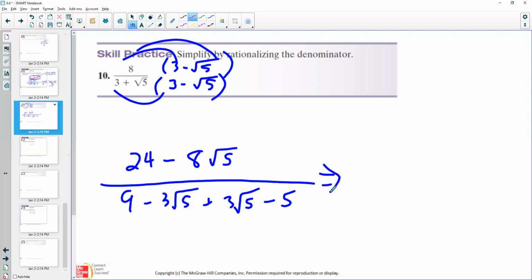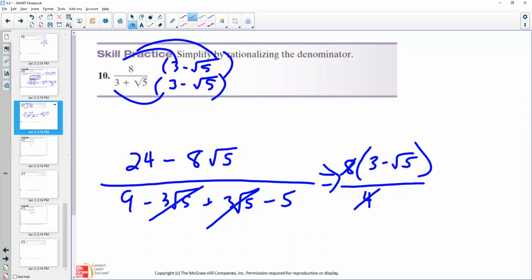On the bottom, 3 radical 5 and negative 3 radical 5 cancel, so I get 9 minus 5 is 4. And on the top, I have 24 minus 8 radical 5. I can factor out an 8, and that gets me 3 minus radical 5. And I can simplify. Cancel the 4. That's a 2, so 2 times 3 minus radical 5. You can distribute or not. I don't care at that point, so I get 6 minus 2 radical 5.